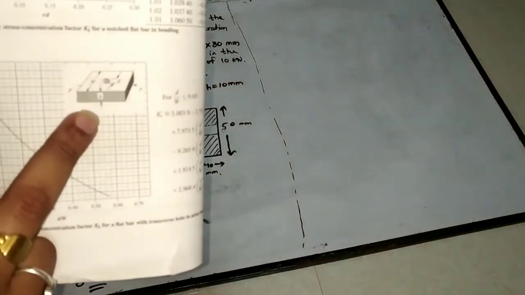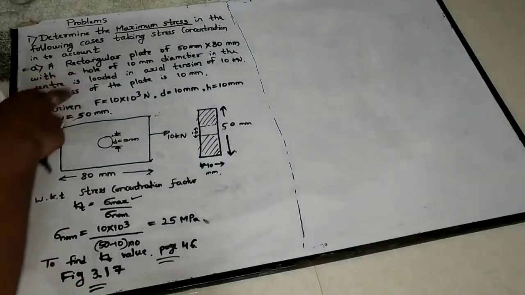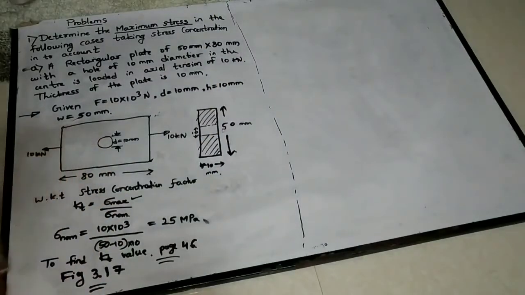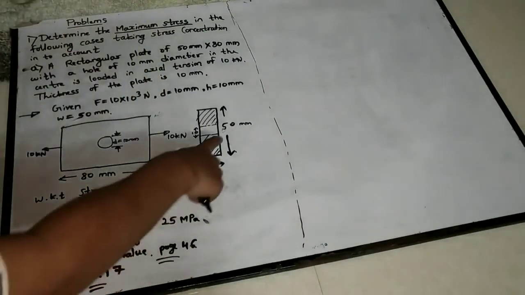Exactly the same problem type is there. By reading the question, you should be able to identify which figure you have to refer to. So we are going to refer to figure 3.17, page number 46.